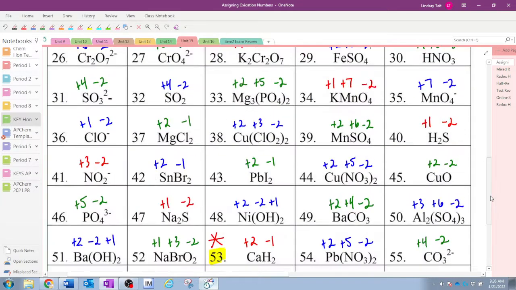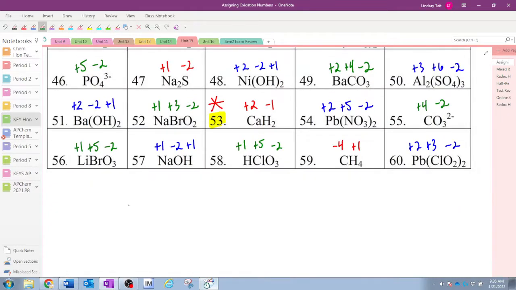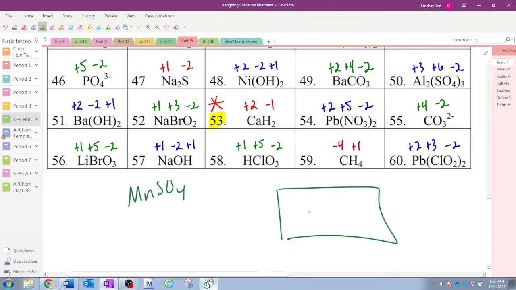39. All right, so I'm going to kind of draw this out. You had MnSO4, right? And you only know oxygen. So I kind of think of this as a box sometimes. This was a compound made with a manganese ion and a sulfate ion. And everything in the box has to add up to 0. So sulfate has a -2 charge.